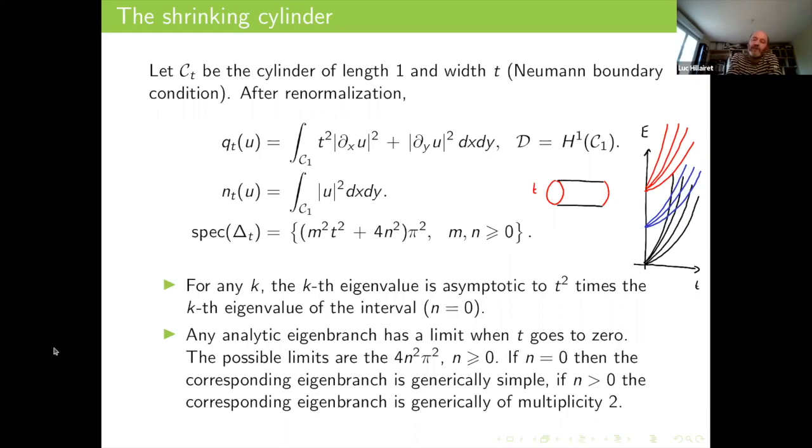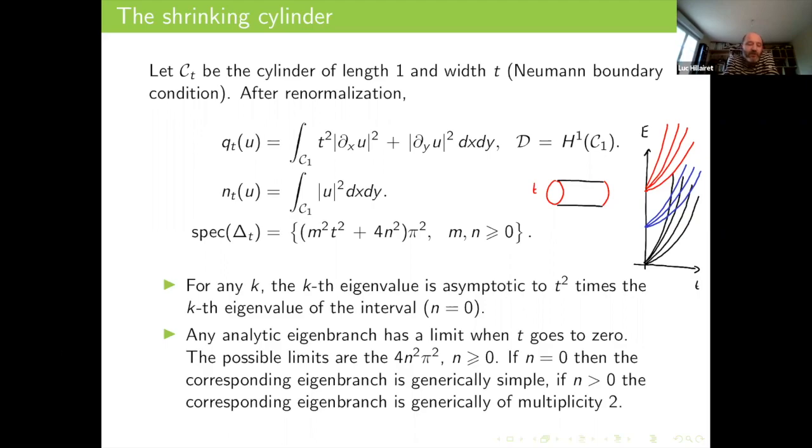This accounts for the width t of the cylinders, and I have renormalized so that the eigenbranches go to 0 at finite limits and don't go to infinity. And here the ambient Hilbert norm does not depend on t. And the domain is H1 to account for Neumann boundary conditions.